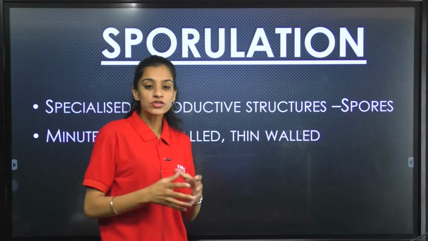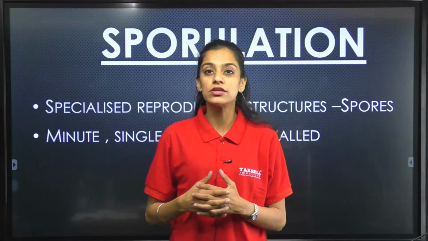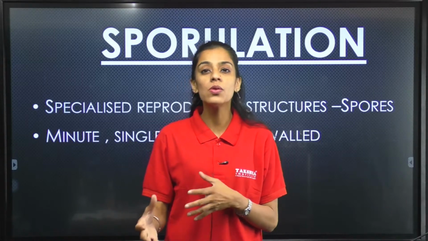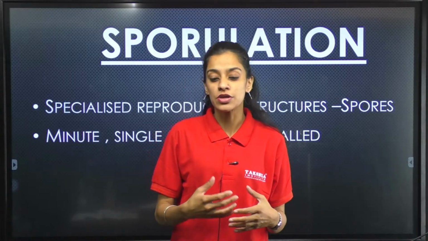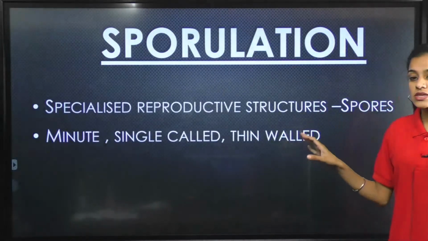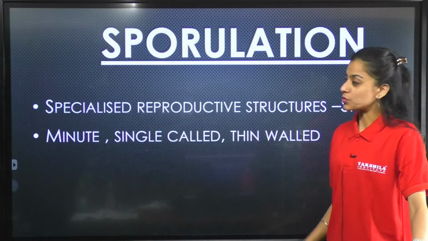So sporulation deals with different spores, with their different habits and behavior, how they behave in different environmental conditions, and how different organisms contribute to them. We'll be discussing a few spores and their habits.